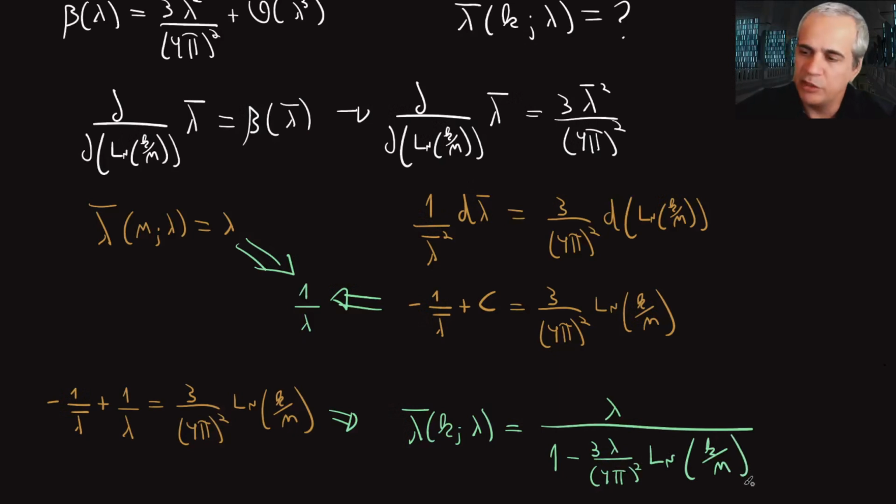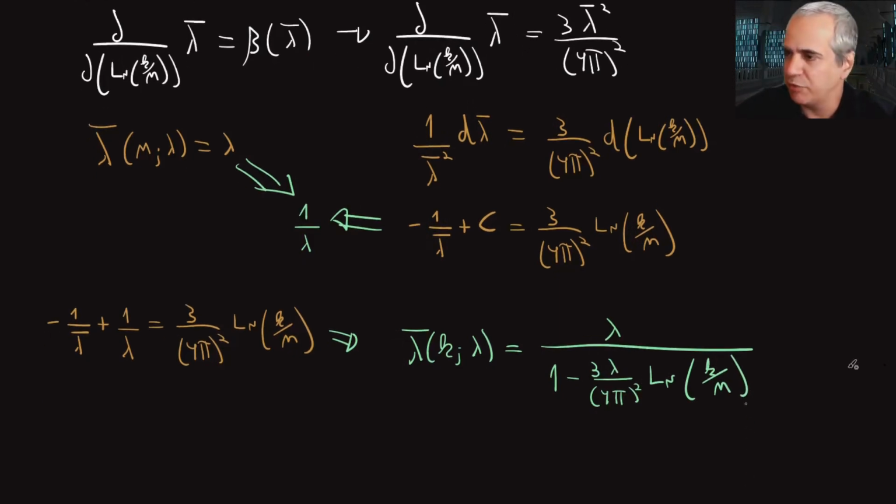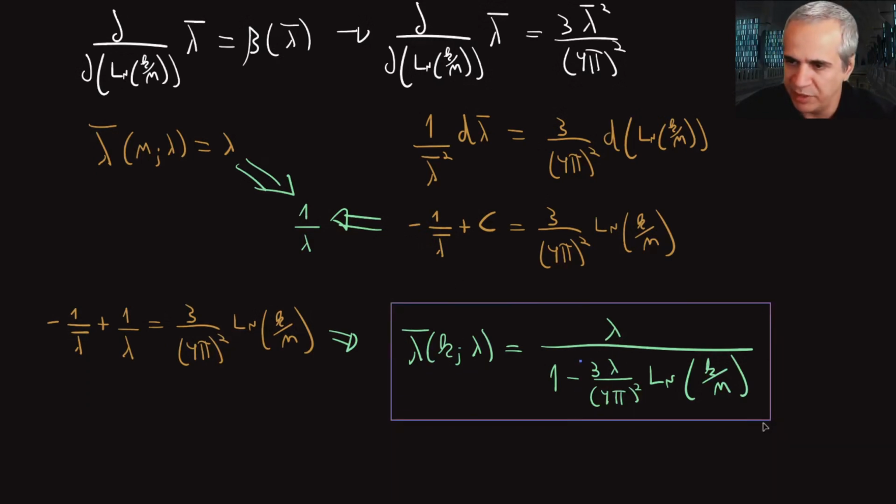Which you might recognize as something very similar to the effective coupling we got before for QED. I don't think we did the effective coupling of lambda phi 4 on any of the videos before, but now we got it. And it's very similar to what we saw in QED.